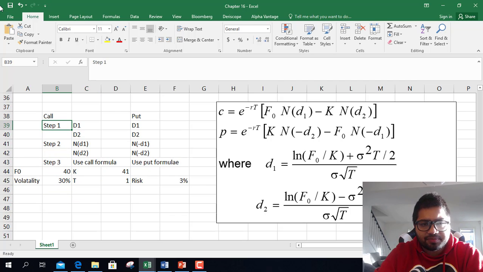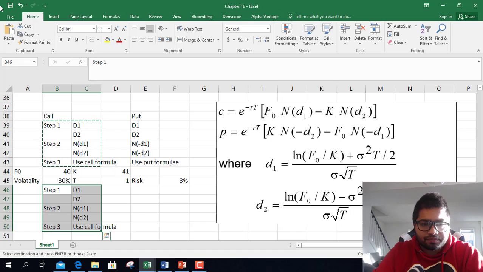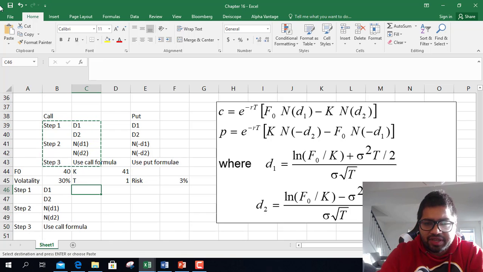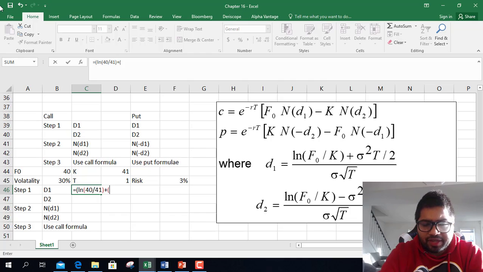So I'll copy these steps and then we can solve them. First is D1. D1 will be, in brackets, natural log F0 by K. F0 is 40, K is 41, plus sigma squared, that is 30% squared, into T, T is 1 in this case, divided by 2.